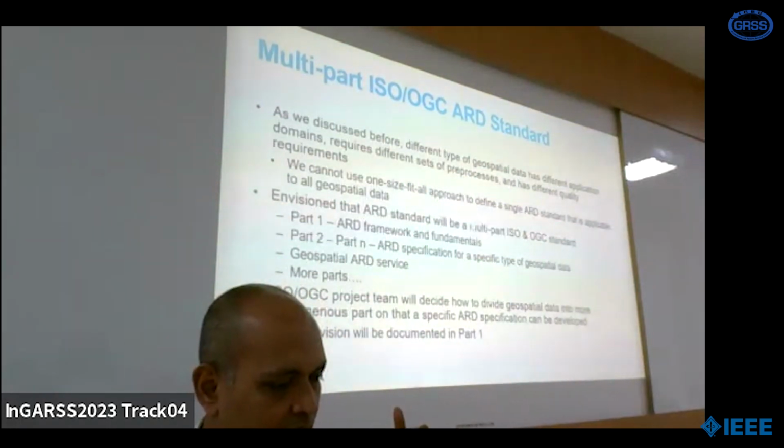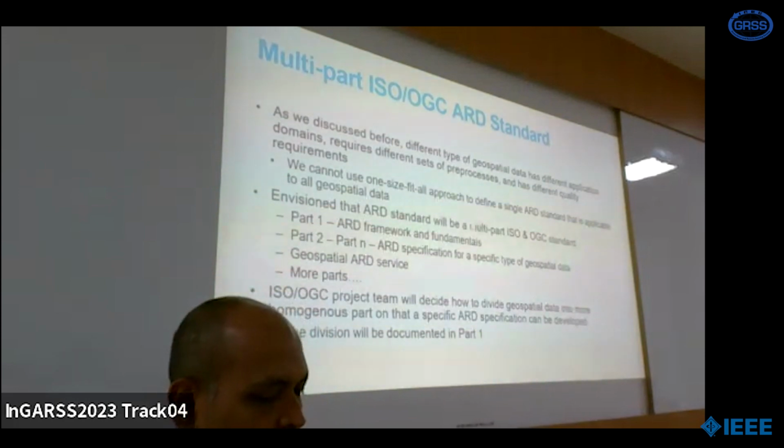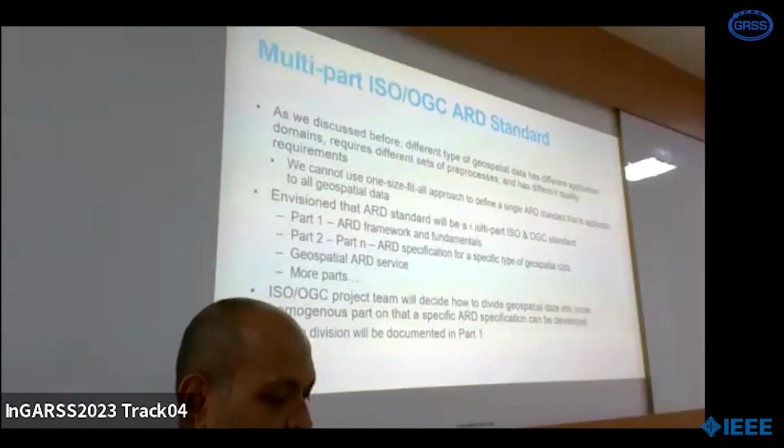Different spatial data and different application domains require different sets of pre-processing and have different quality requirements. Because of this diverse set of requirements, we cannot use a one-size-fits-all approach to define a single ARD standard that is applicable to all spatial data.